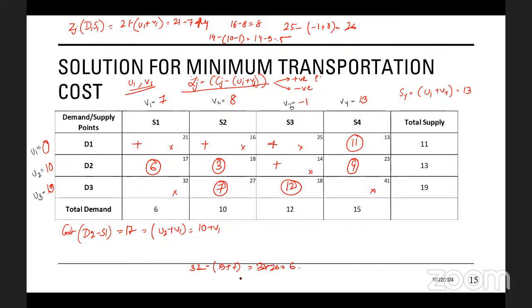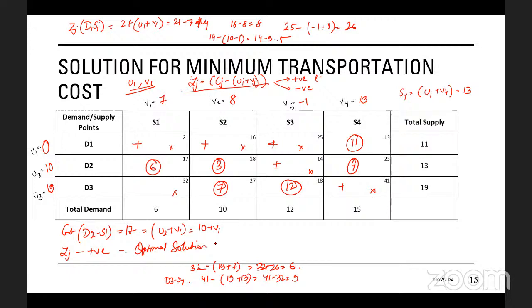Now for D3S4, it's 41 minus (19 plus 13), which is 41 minus 32, which is 9. So this is also positive. So since all the zj values have come out to be positive, this is the optimal solution.